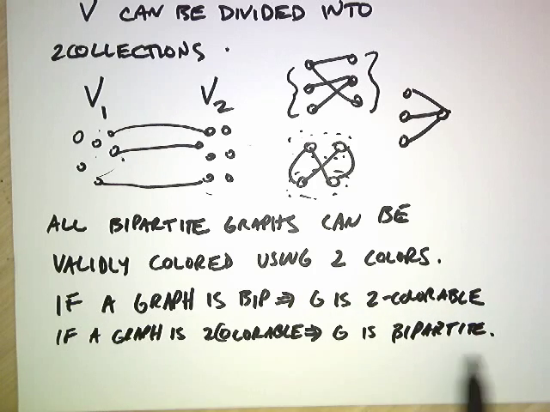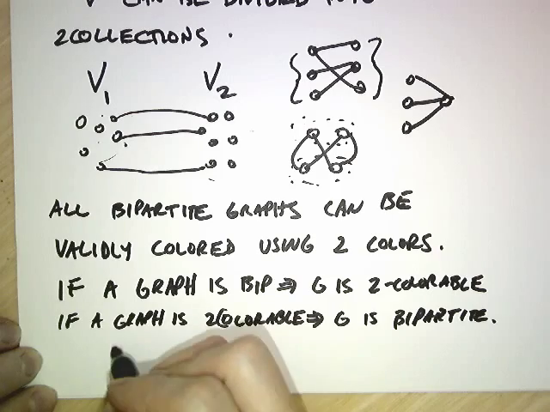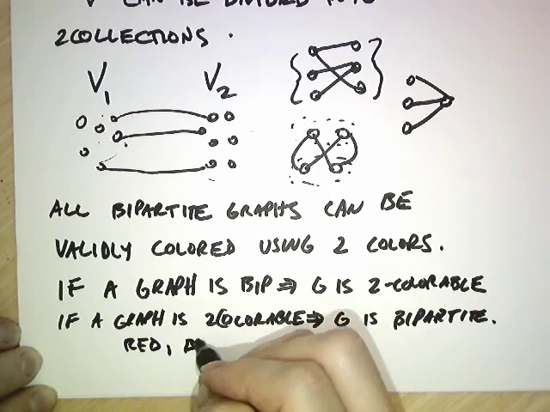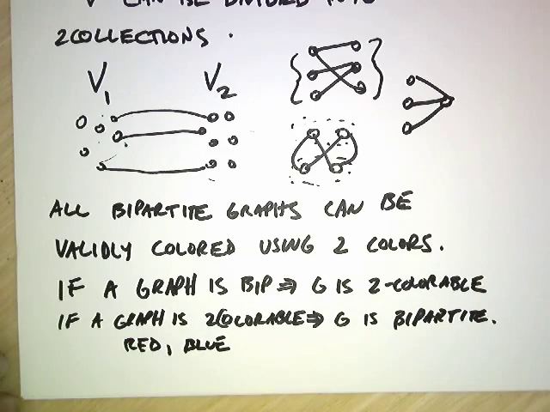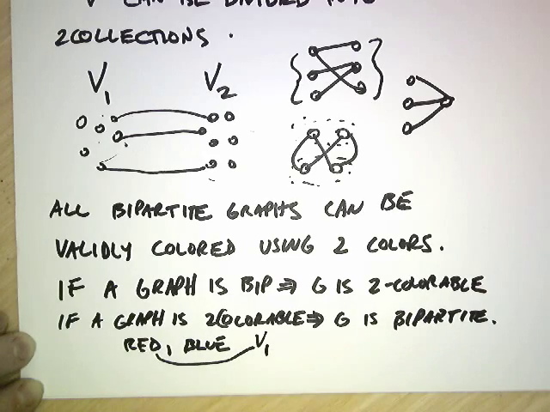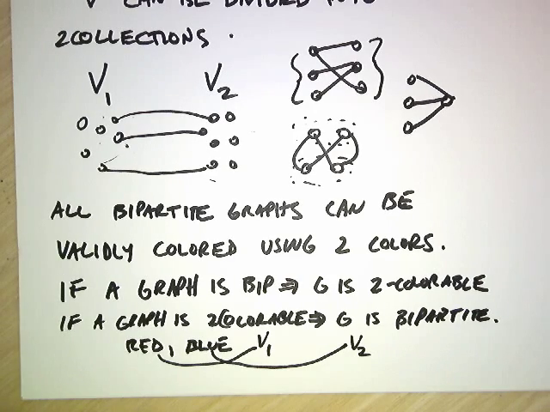Why is the other implication true? Well, if a graph is two colorable, why does it mean it's bipartite? Let's say it's two colorable. That means you can color it with red and blue. This is just a proof sketch. It's a simple proof. So let all the vertices that are colored red correspond to your first set of vertices, V1, and let all your vertices colored blue correspond to your second set of vertices, V2.